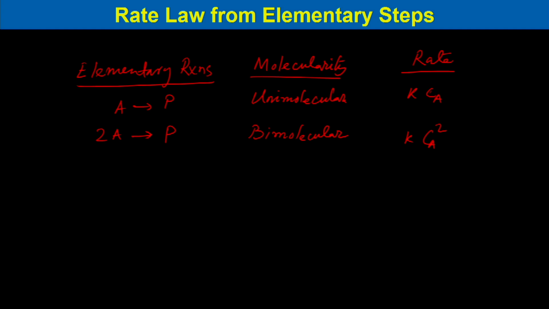So, this is a bimolecular reaction. Now, if A plus B produces P, two different reactants react together producing product P. This is also a bimolecular reaction.